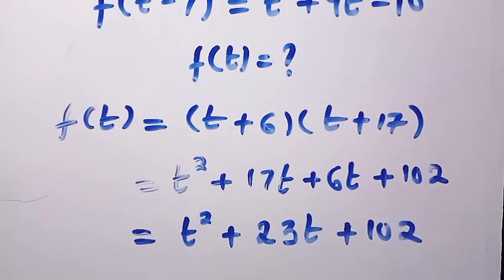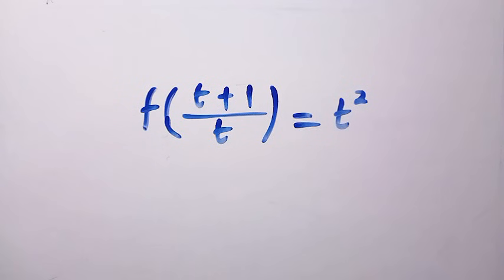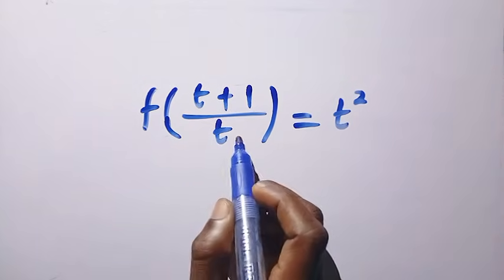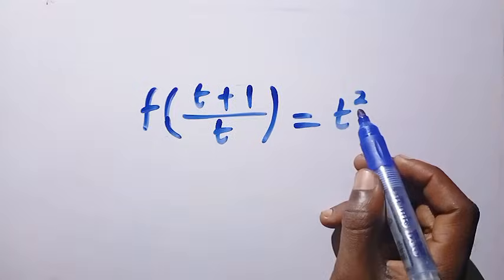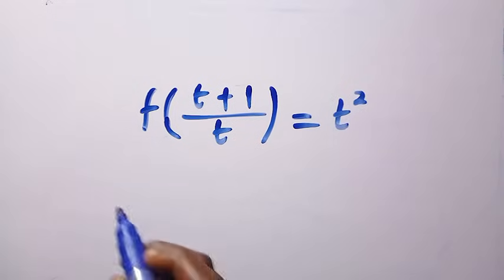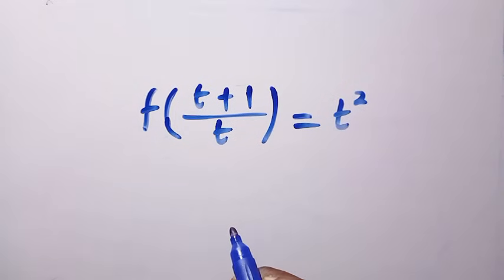So let's see how we can solve the second problem. So here we have the second problem. f of t plus 1 divided by t equals t squared. For the first one, I was unable to define the domain because most of the real numbers satisfy that. Let's say all the real numbers satisfy that.